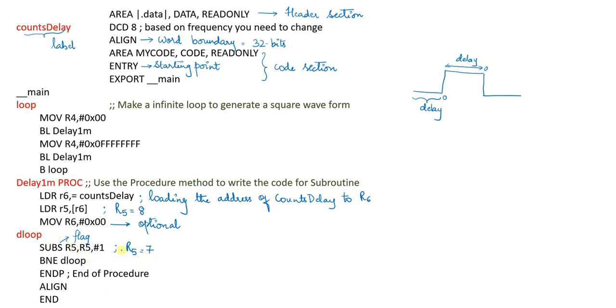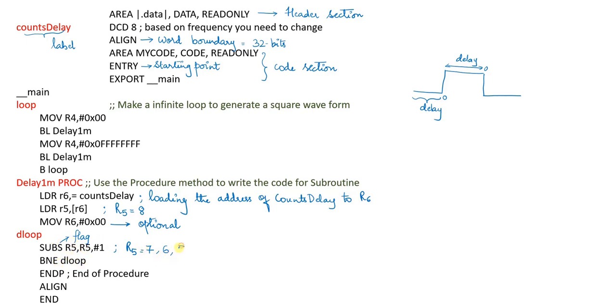R5 was initially 7, now again it is going to get decremented and become 6, and then again it is going to compare with BNE. BNE means branch if not equal to 0. Since it is not equal, again you are going to move back to the subtraction.